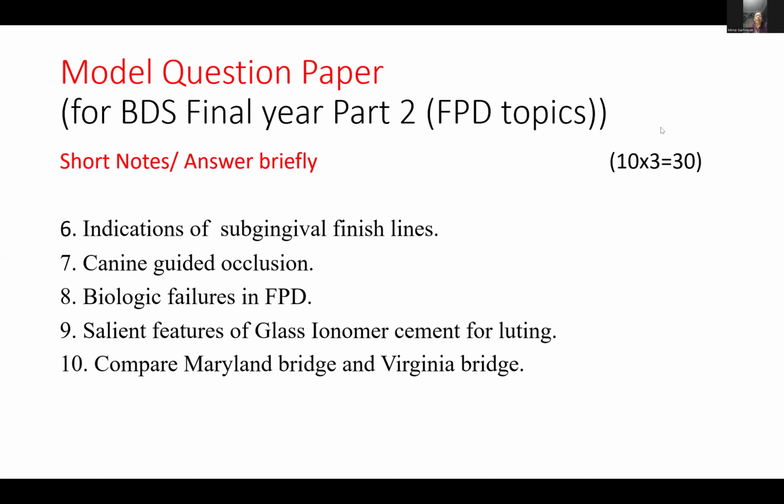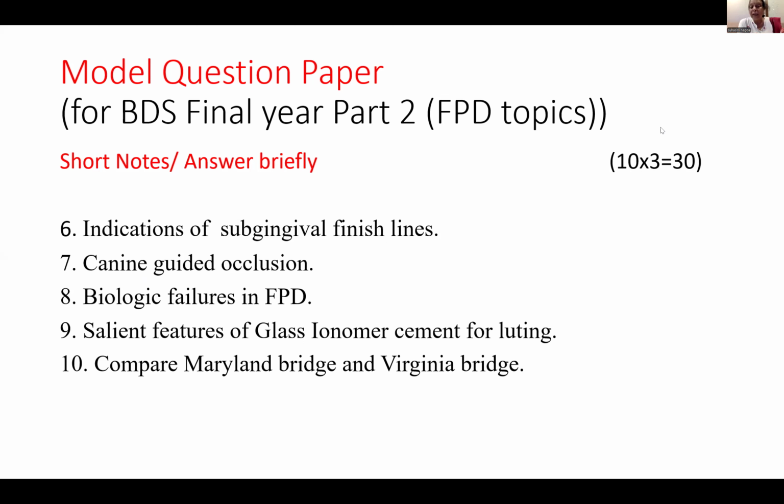Can a student write canine guided occlusion for manipulation of glass ionomer cement for luting? Can it be done like that? No, not only manipulation. Glass ionomer cement is not only mixing or the properties; it is also how you use it, how you prepare the patient and the crown, everything is included.